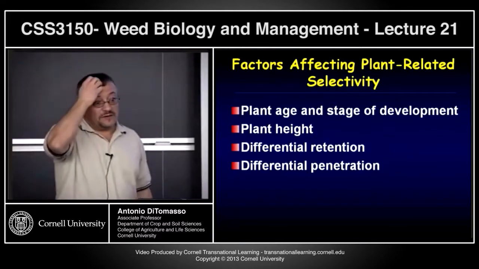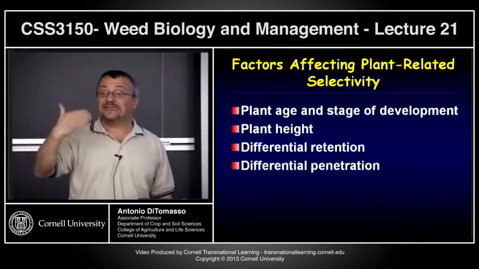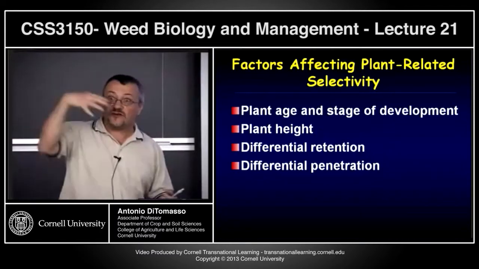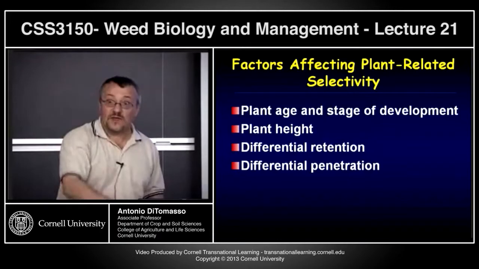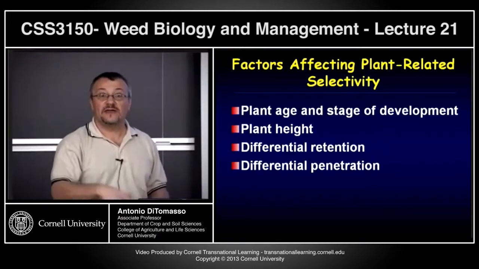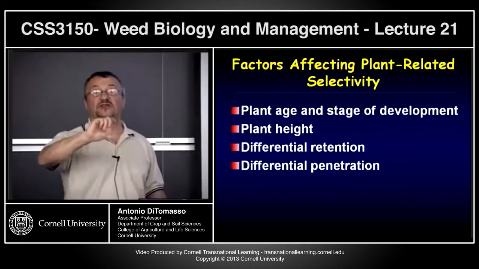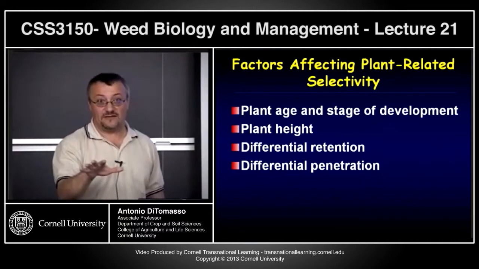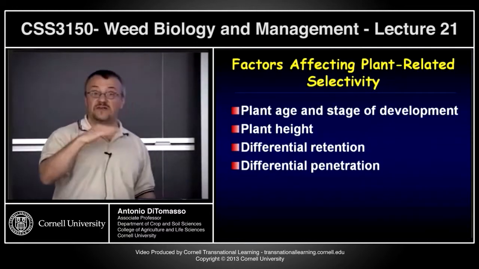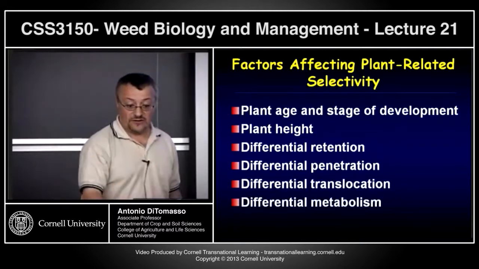Okay? In some cases, we have selectivity because of differential penetration of the herbicide. Not just retention on the surface, but the ability to get in past the cuticle. And some species, again, related to cuticle and so forth, can do it more than others, and we try to take advantage of that. So that's another way that we can use selectivity to our advantage here.